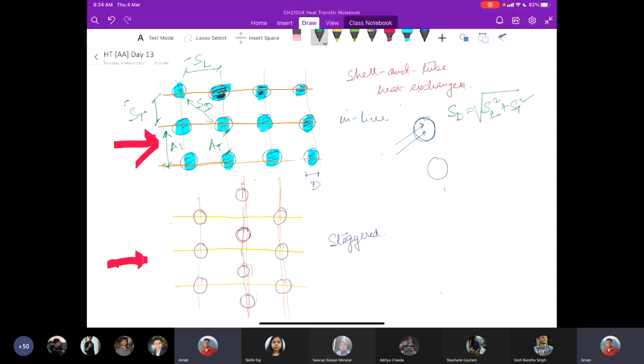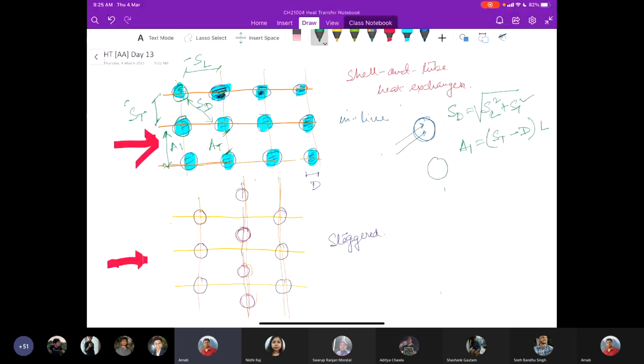Now the point is that the area available for the flow is ST minus D, because we have the tube diameter that is covered within ST. So ST minus D multiplied by the length of the tube.